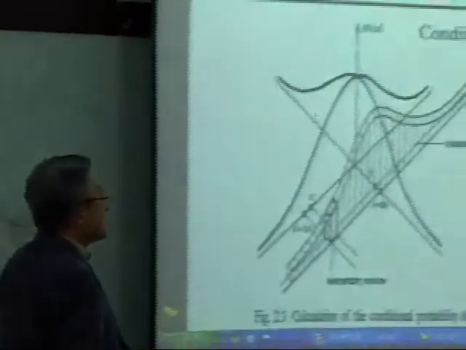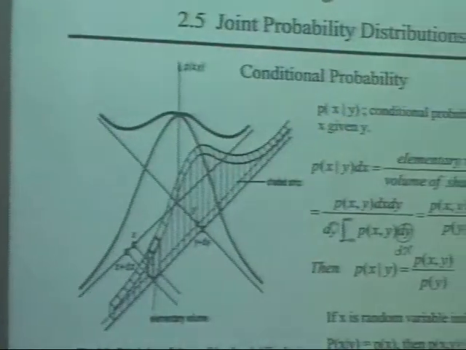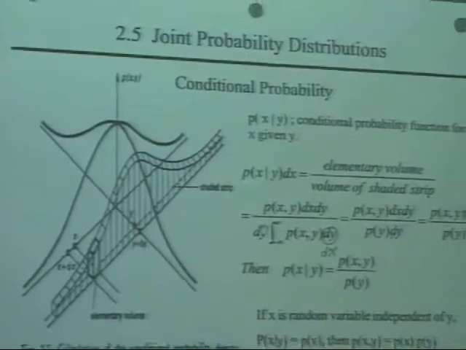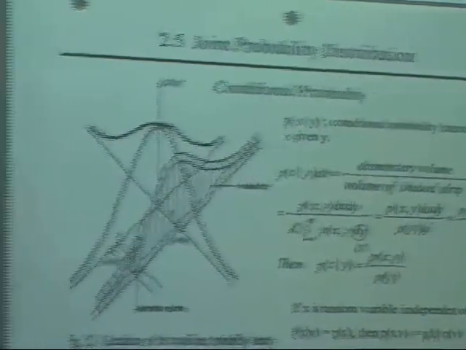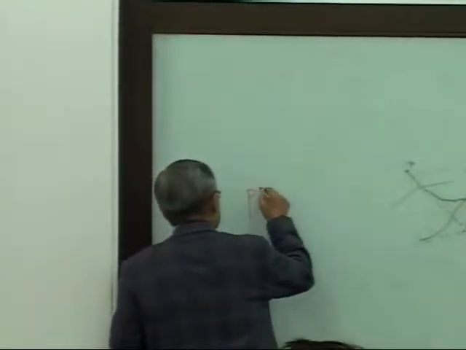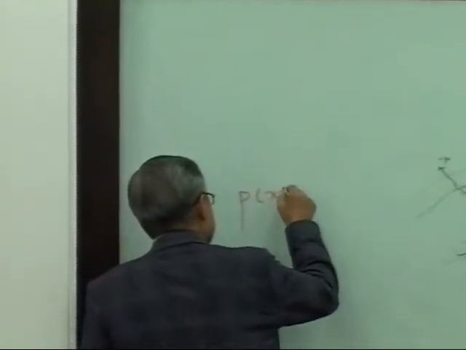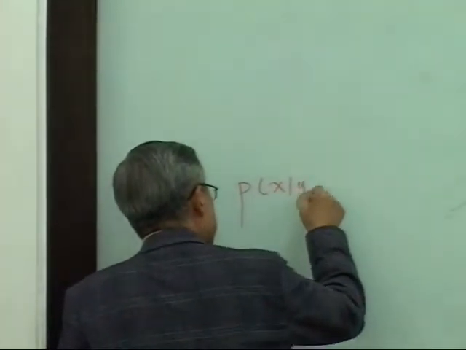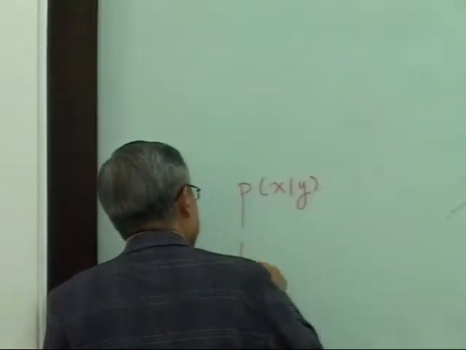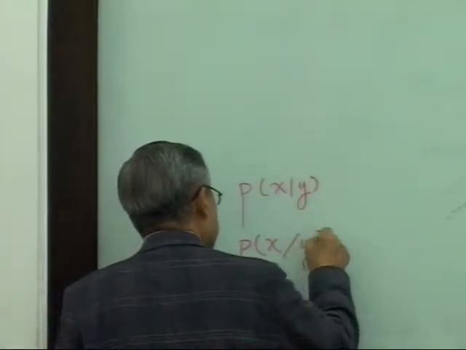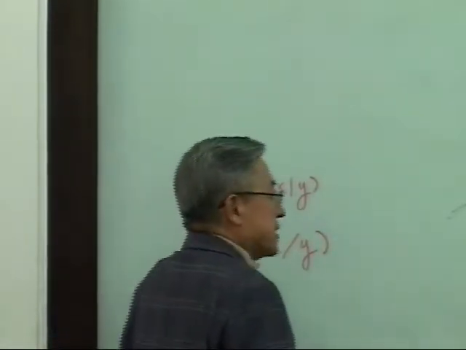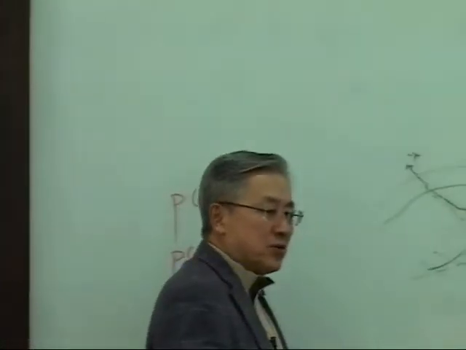And p of x and the straight bar, sometimes people use slash. It's really the same thing. It's no difference. And the probability density function can be straight down the y over y. Doesn't make any difference.